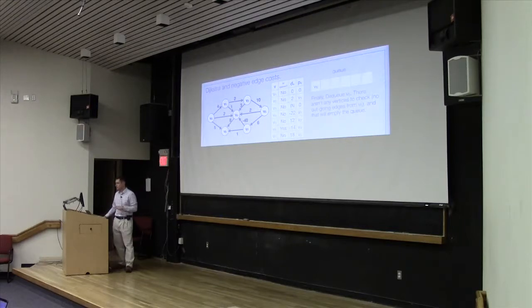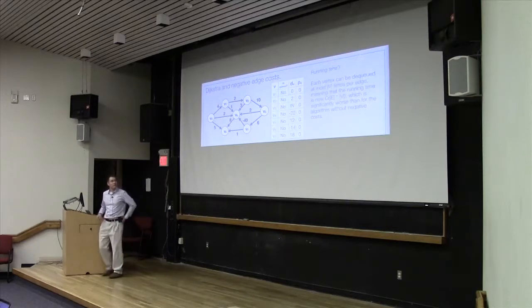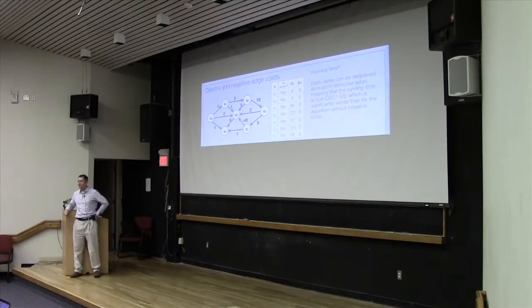This is Dijkstra's algorithm kind of in a nutshell. What's the running time here? You could dequeue as many as the number of vertices per edge. So for each edge, you may have to look through all the vertices and dequeue them, because everybody changes for each edge.